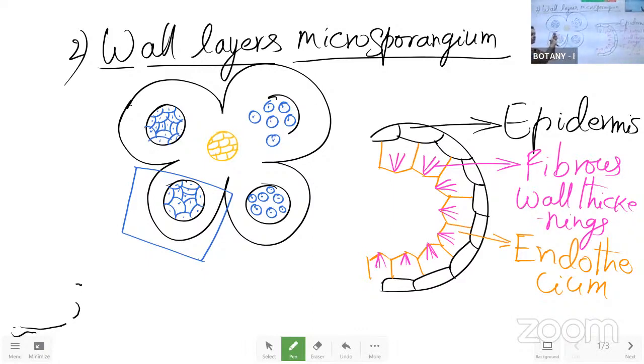If the microsporangium is like this, when will it release the pollen grains? Because somewhere it needs to split and break up. That splitting is done with the help of the endothelial cells. Whenever they are shrinking, they will make the epidermal cells come along with them. Where these two lobes are joined, this is called the stomium.